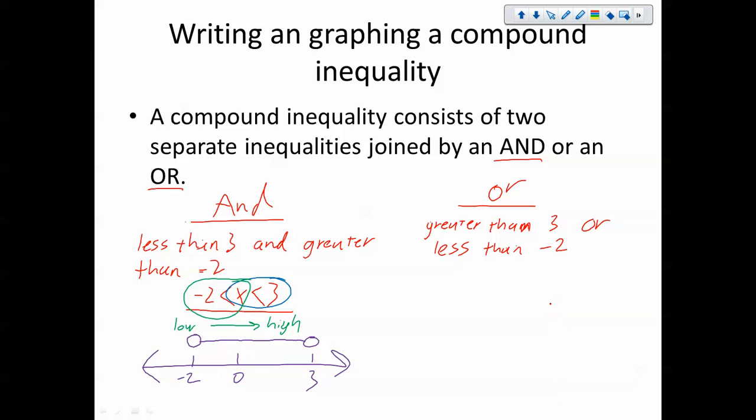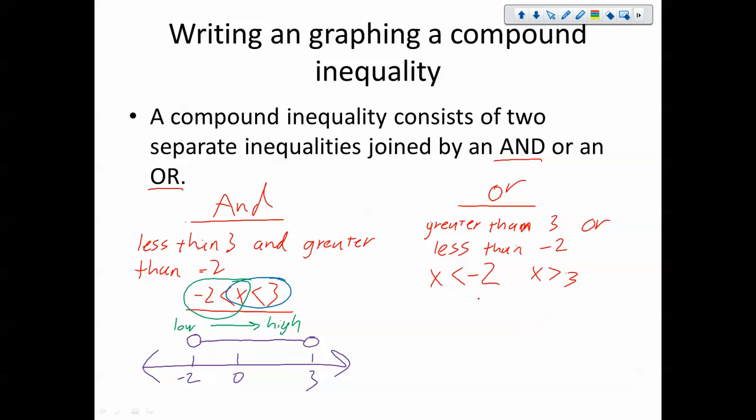We have one thing that's saying x is greater than 3. And we have another thing here saying that x is less than -2. And I want you to notice that we're not talking about the numbers in between -2 and 3 anymore. We're talking about ones that are bigger than 3 and smaller than -2.